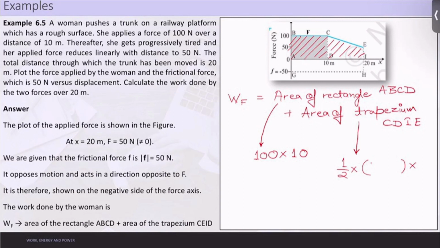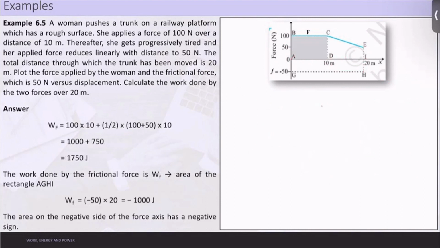The parallel sides are 50 and 100, and the distance here is 20 minus 10, which is equal to 10. So the rectangle gives you 1000, and the trapezium, if I'm not wrong, is 150 into 5, which is 750. Therefore, the final answer is 1000 plus 750, which is equal to 1750 joules.